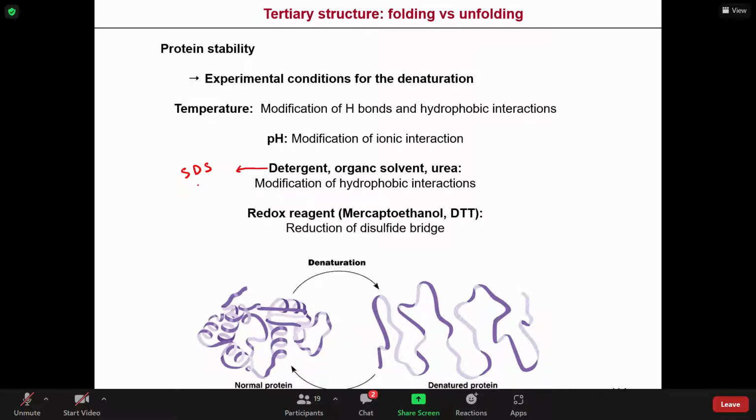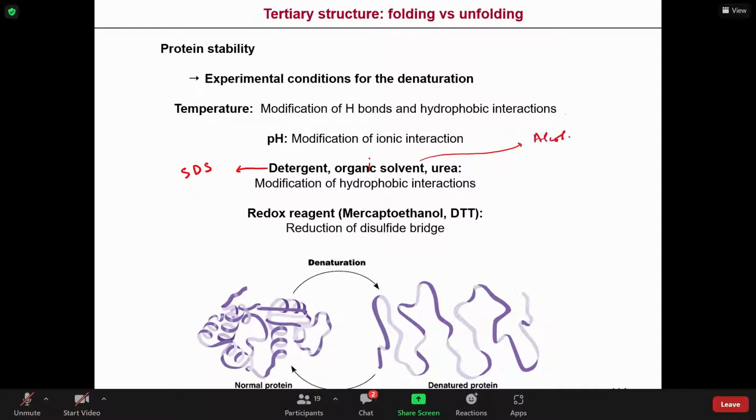And the SDS has a hydrophobic tail which interacts with the proteins and disrupts the hydrophobic interaction in the proteins and denatures the protein.